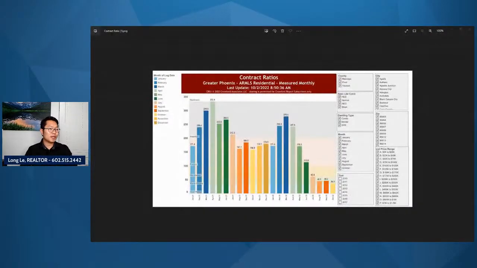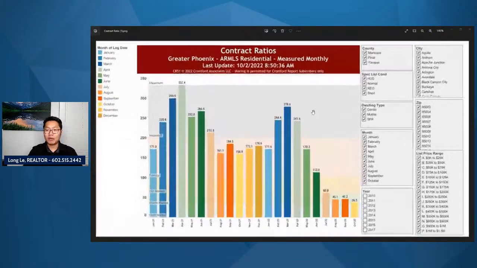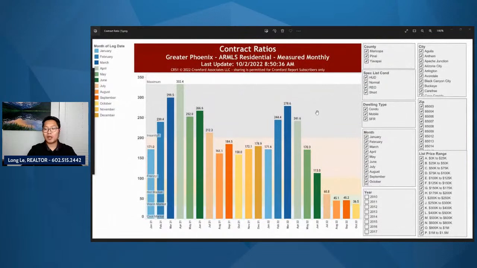Let me share with you this information right here. This is the contract ratio. If you follow me, you probably know what the contract ratio is. But if this is the first video you are jumping into, all of this data is collected from a company called Cromford Associates, which is a very reliable real estate data company in Phoenix, Arizona.